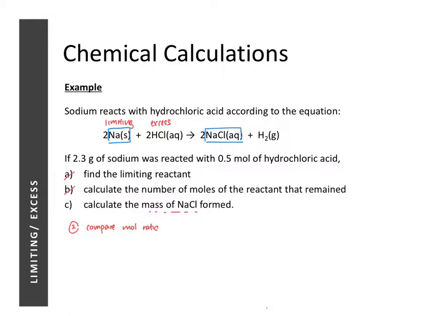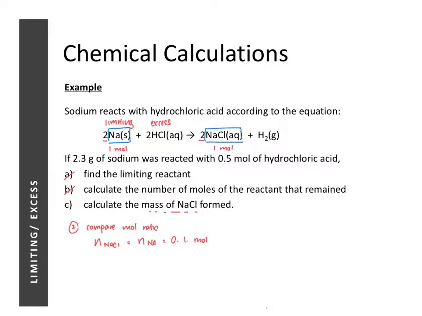From the balanced chemical equation, again we find 2 and 2. So essentially, in the simplest ratio, 1 mole of sodium will form 1 mole of sodium chloride. So the number of moles of sodium chloride will be equal to the number of moles of sodium, which is 0.1 mole.